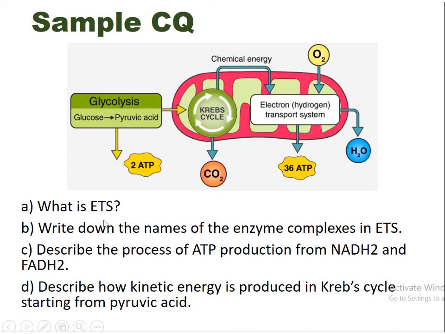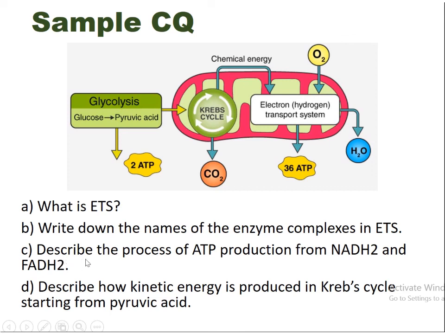You have to define what is ETS, the electron transport system. Then you have to write down the names of the enzyme complexes in ETS, that means complex 1 to complex 5. You have to write the names only.